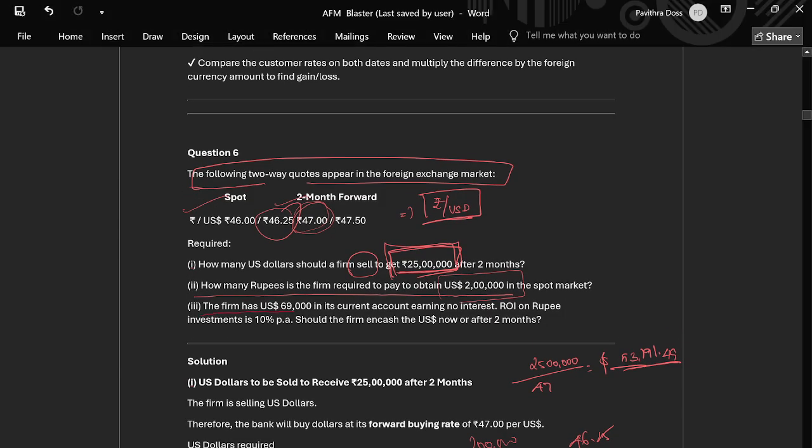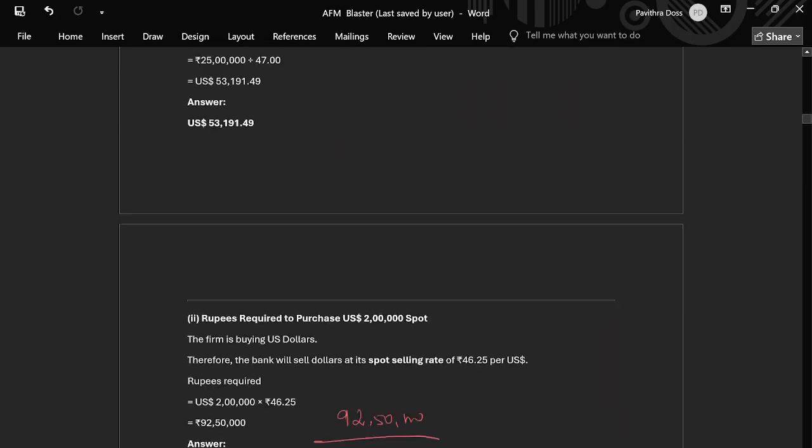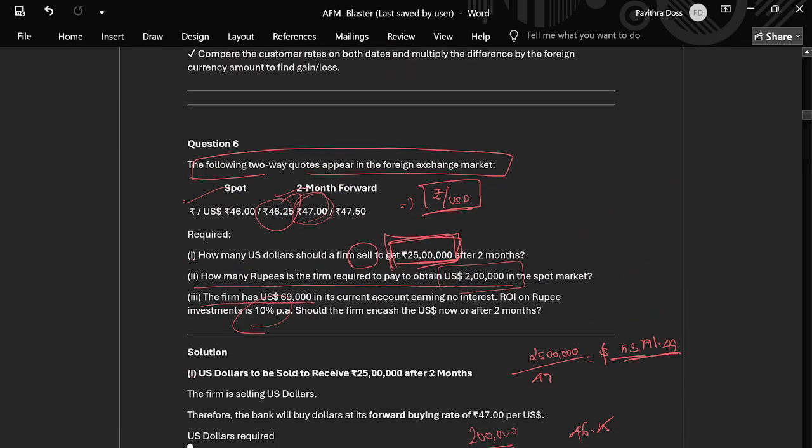Now, the firm has 69,000 USD in the current account earning no interest. The return on interest on rupee investment is 10%. Should the firm encash the USD now or after 2 months? So we have 69,000 now. If we are going to encash now, how much will we get? Encash means we are going to sell USD in the spot.